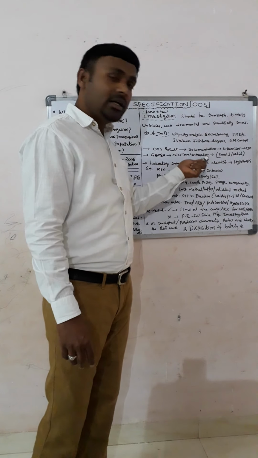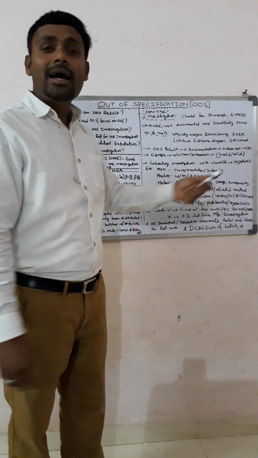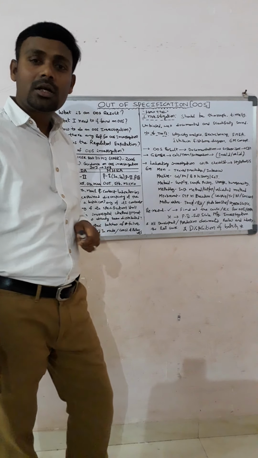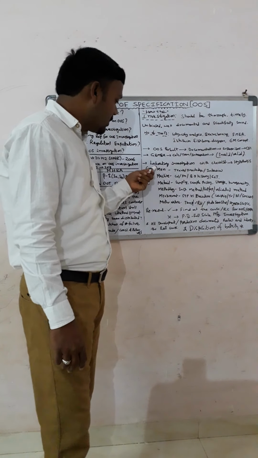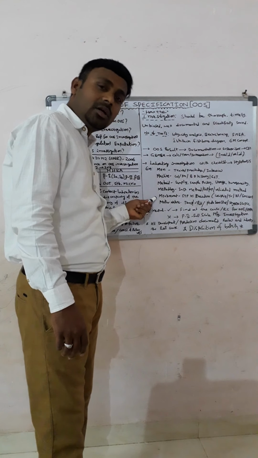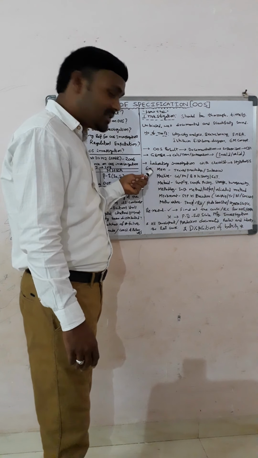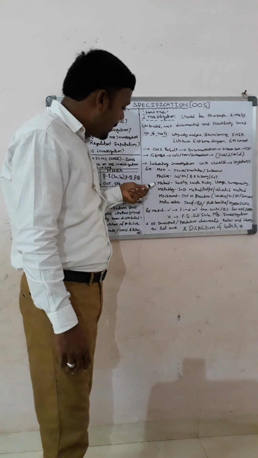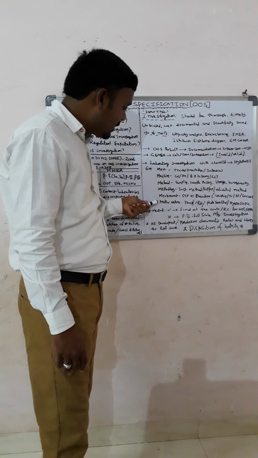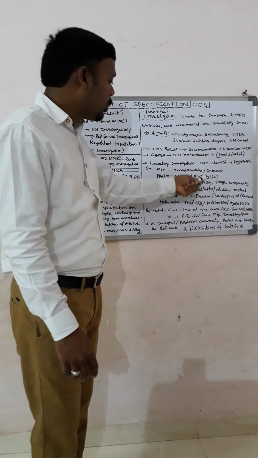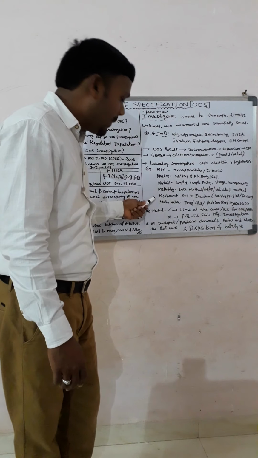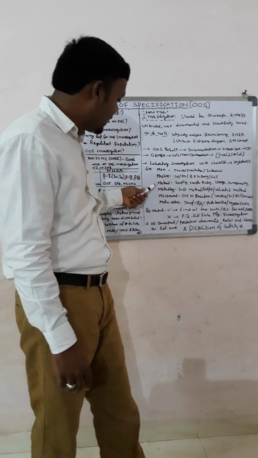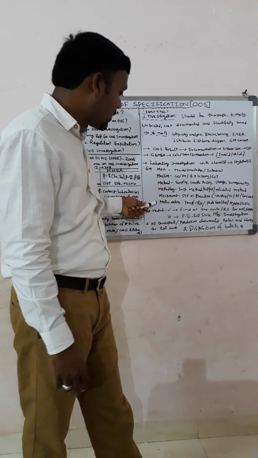Suppose you have not found any such gap, then you have to go for a laboratory investigation. You have to verify the laboratory; for that the 6M concept is there: men, machine, material, methodology, measurement, and mother nature. You have to verify all the aspects: men related, machine related, material related, methodology, measurement, mother nature.